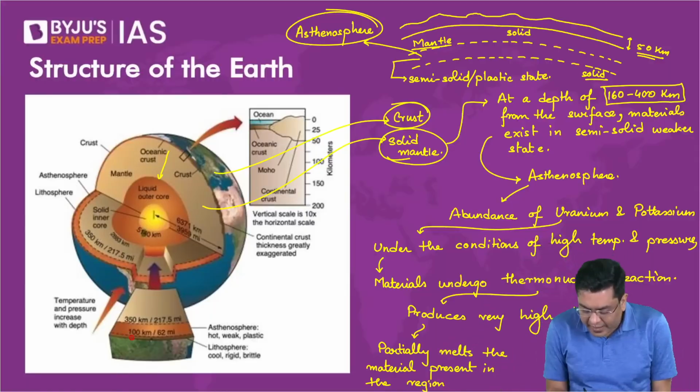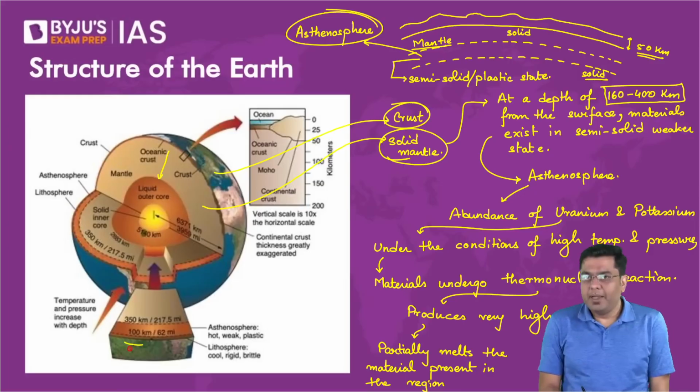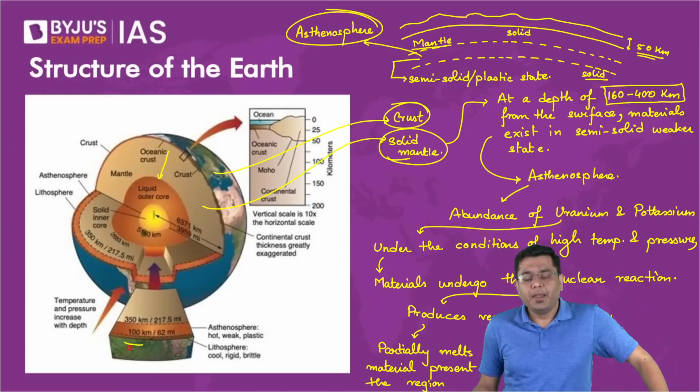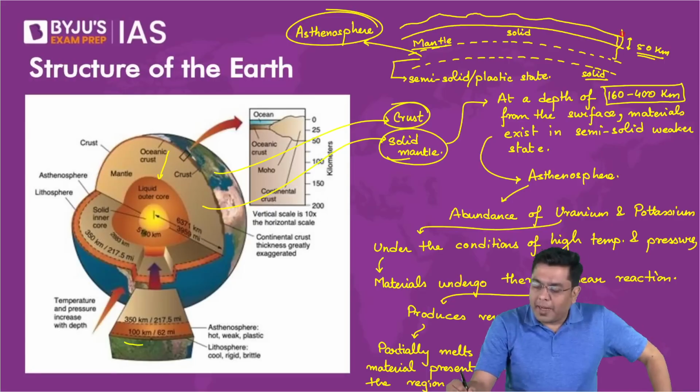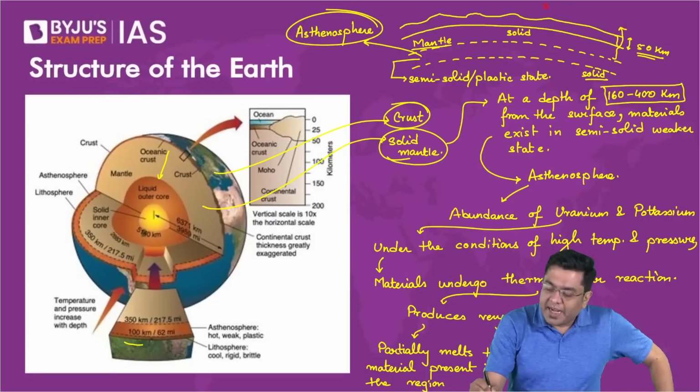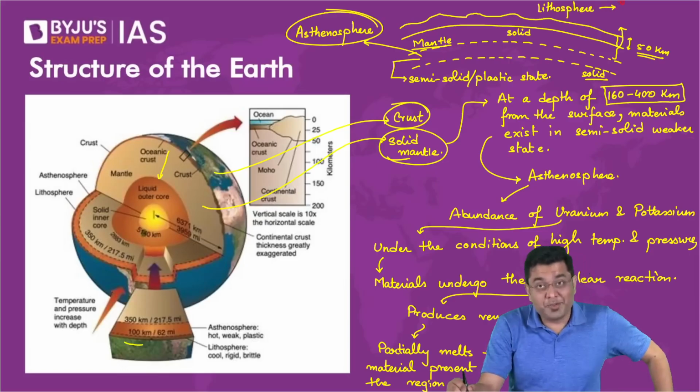So observe here, at a depth here, initially you have the lithosphere. Now, what is lithosphere? Lithosphere is considered to be the part of the crust and the solid portion of the upper mantle. I'm writing everything down so that it is easier for you when you revise, but please do revise. It is the solid crust plus the solid upper mantle.